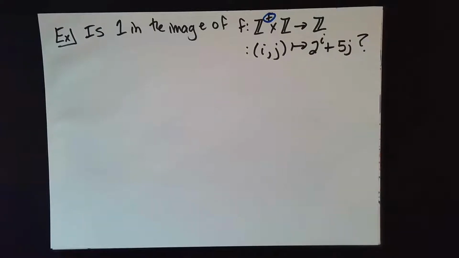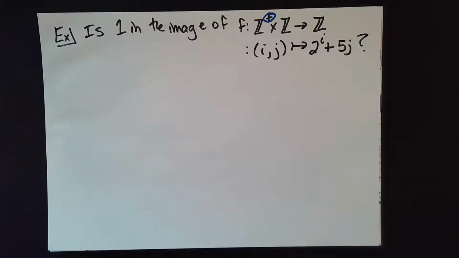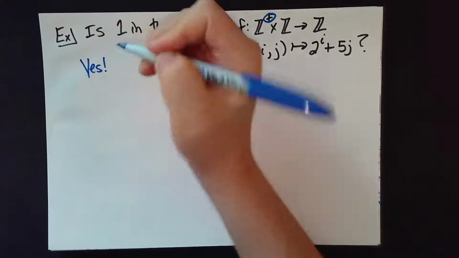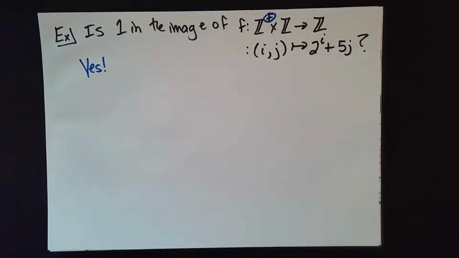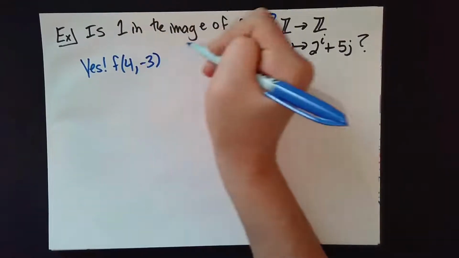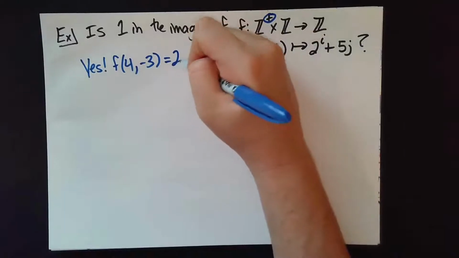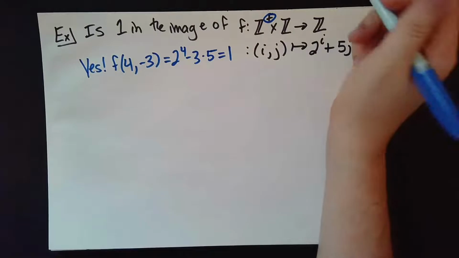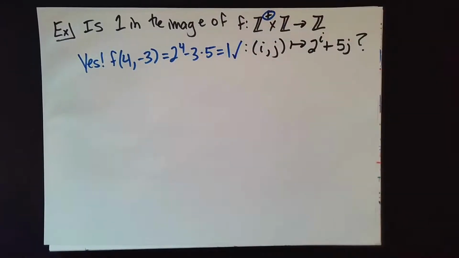I have to give you an element of the domain that maps to it. What's an element of the domain that maps to 1? Right, f of 4 minus 3 is 2 to the 4th minus 3 times 5, and that is 1. Okay. And that is nice.